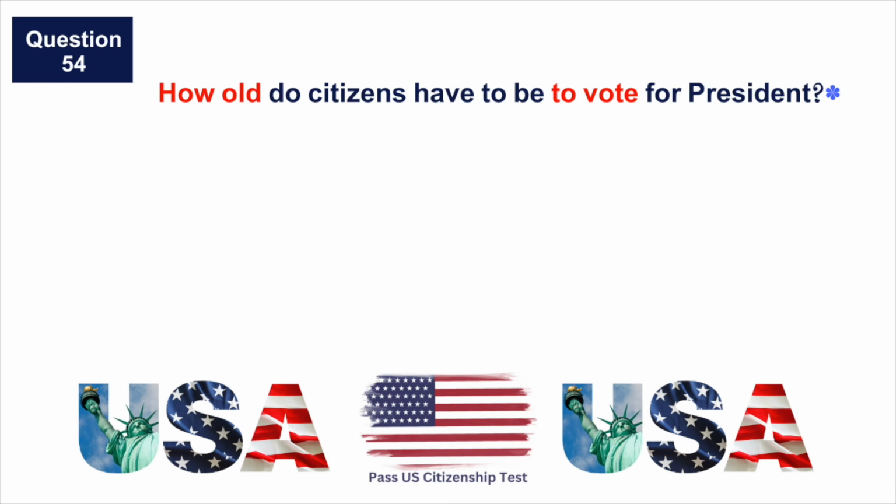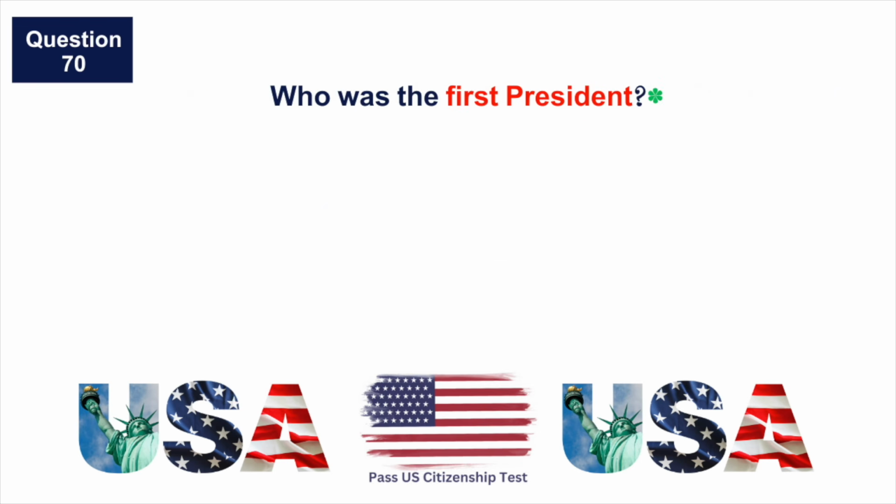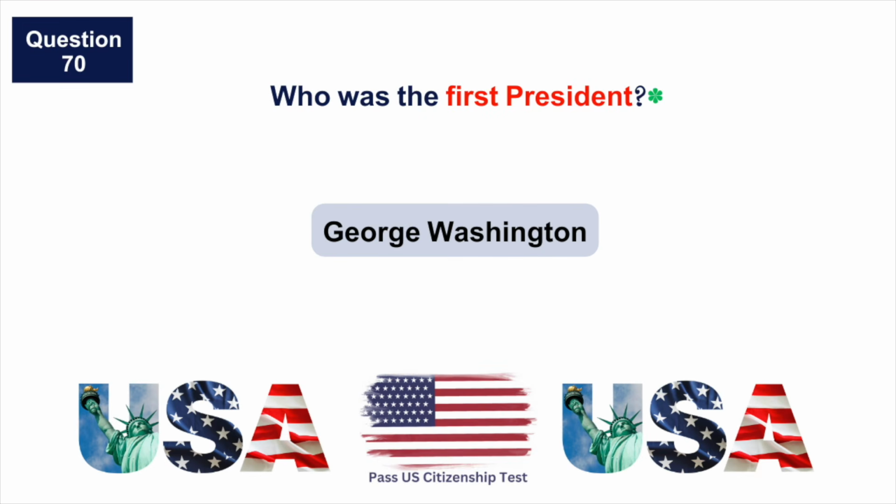How old do citizens have to be to vote for president? 18 and older. Who was the first president? George Washington.